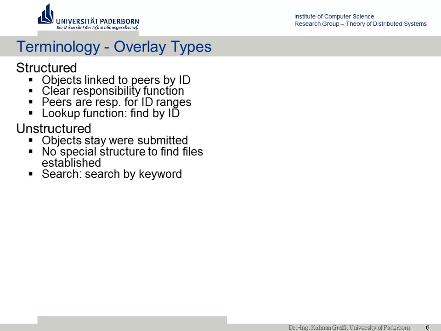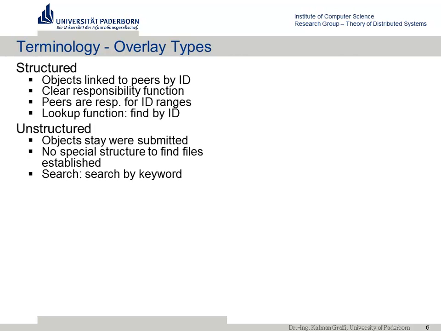One type of overlay is termed structured, which we saw last time, and the main point is that the objects are not just randomly placed somewhere in the network, but you have dedicated peers which are responsible for them. Every object has a specific object ID, and you have a peer who is responsible for that object ID.